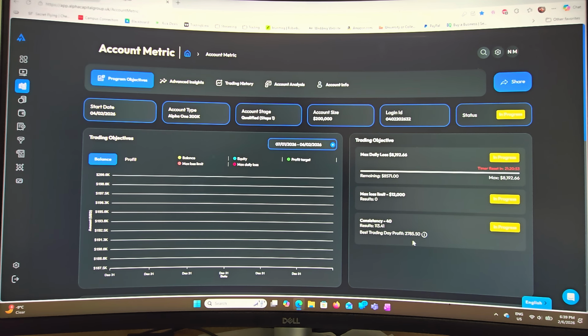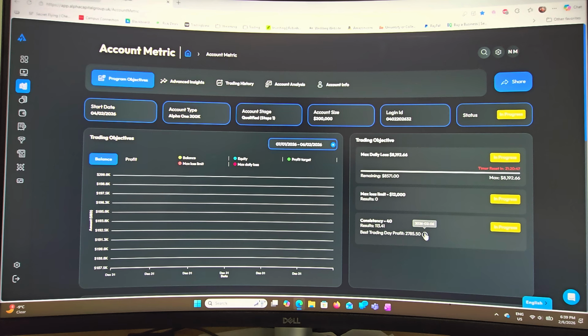Our current best day is 2,700, which was yesterday, which was today, by the way. So when Monday rolls around, or Sunday evening when the market opens, we may or may not be above 27 on our 200K account in profits.